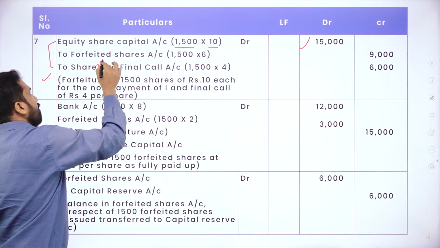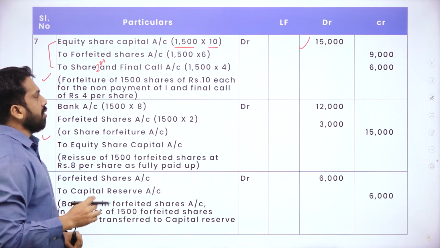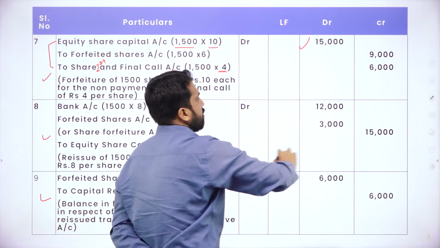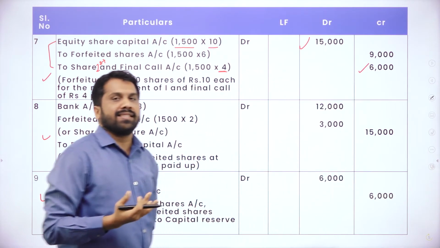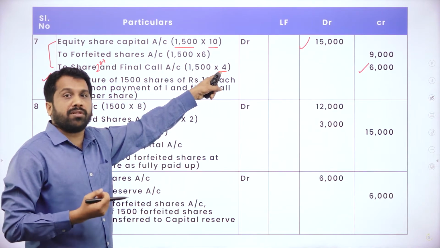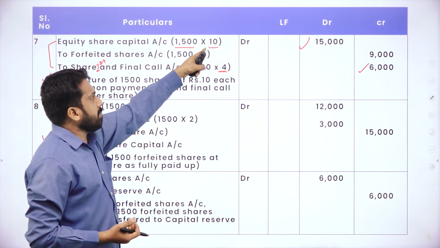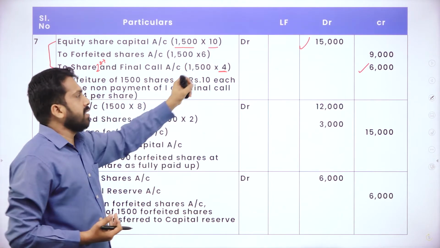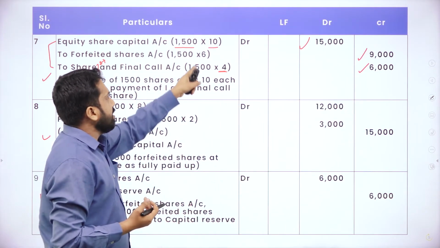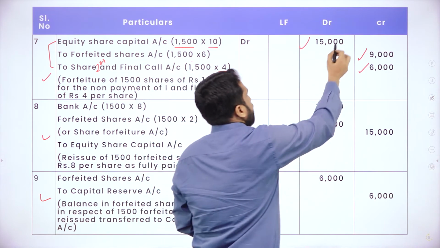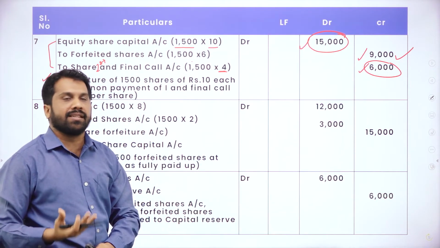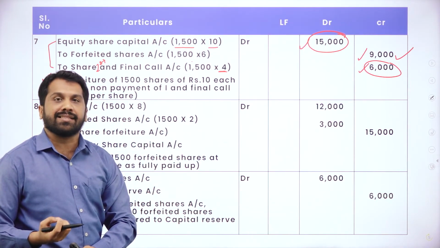How much have you not paid? 4. 1,500 into 4 is 6,000. Out of 10 rupees, you have not paid 4, so you have paid 6. 10 minus 4 is 6. 1,500 into 6 is 9,000. No need of this calculation: directly 15,000 minus 6,000 is 9,000. Easy to calculate. This is about cancellation.